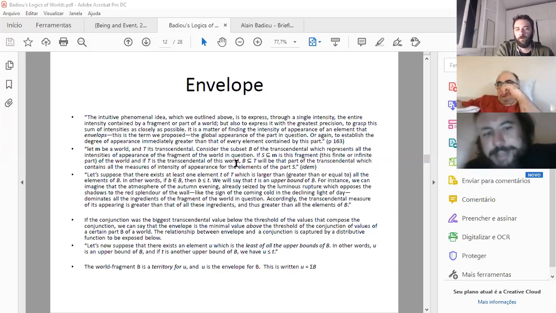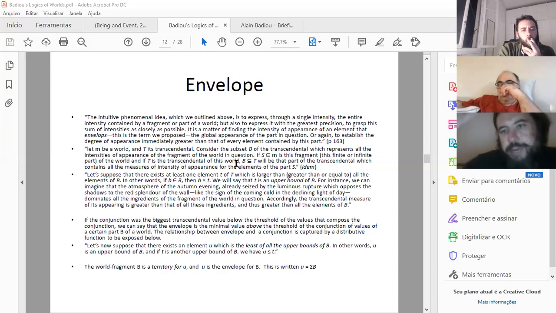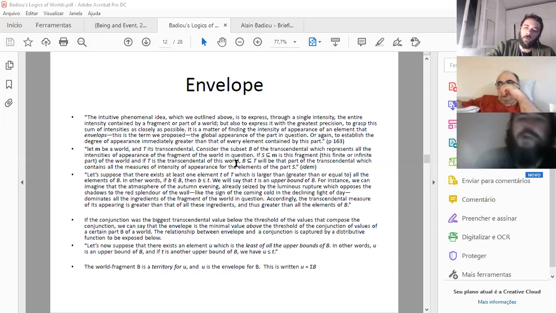I think it's not by chance that he uses the sigma, but anyway, there's a kind of summation of the different degrees of intensity that give you an overall feeling.